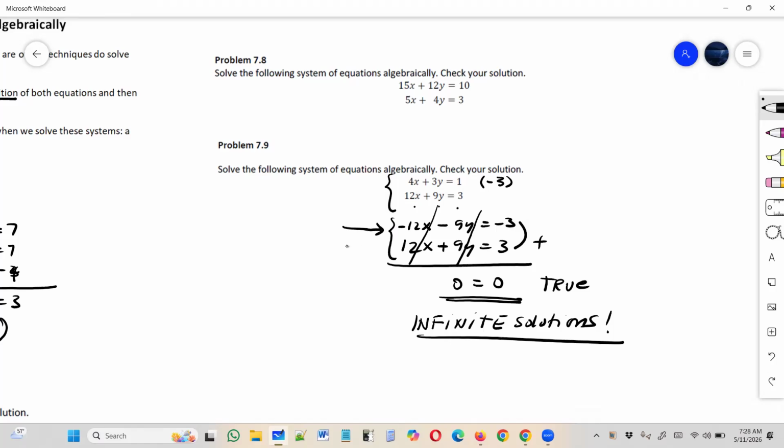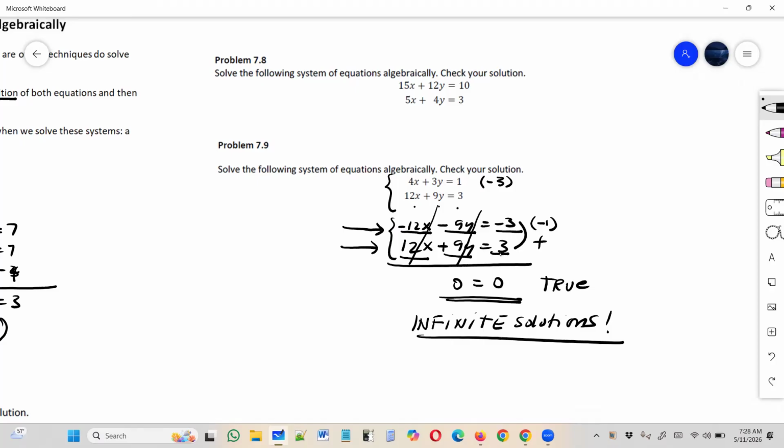Look what we got, right? Isn't it the same line? -12x minus 9y equals -3, and the same thing over there. Well, professor, but they're off by a minus. Yes, I know. But if you multiply the first equation by -1, you get 12x, which is this, positive 9y, which is this, and 3, which is that.